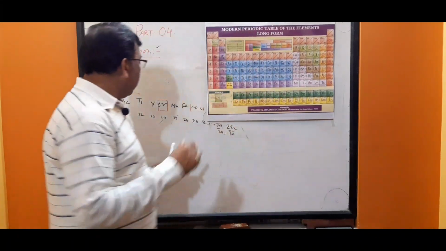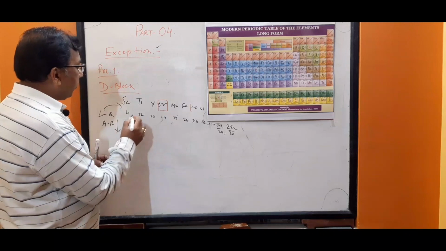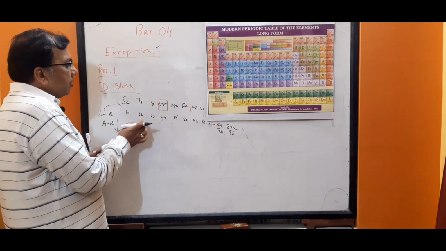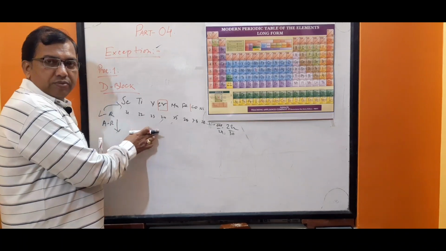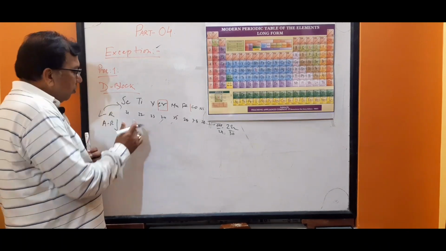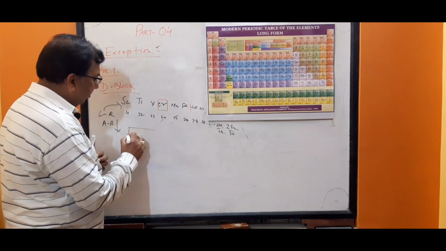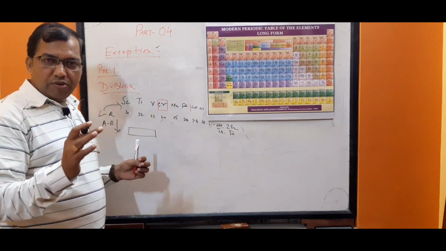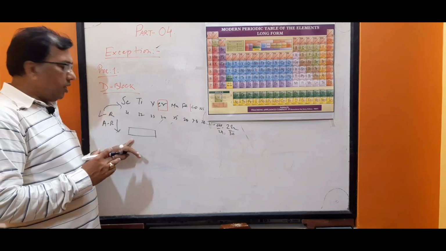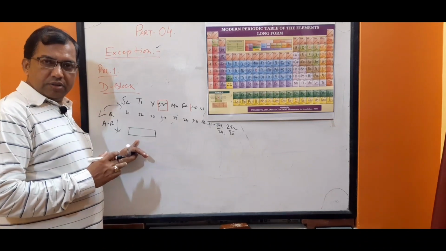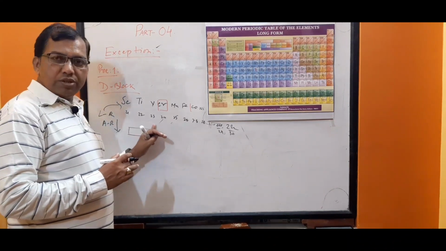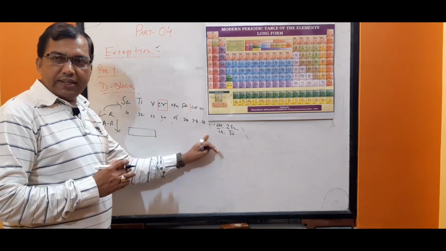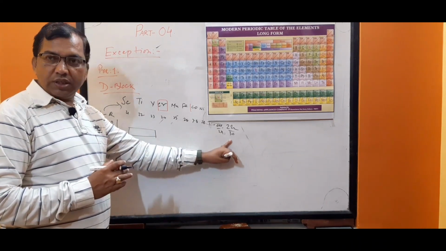In this system, look, for scandium, titanium or yttrium, if you do the electronic configuration, I will not do all the 1s2, 2s2, 3s2, only the 3d. It is 3d1, 3d2, 3d3, 3d4, 3d5, 3d6, 3d7, 3d8, then 3d10, clear?